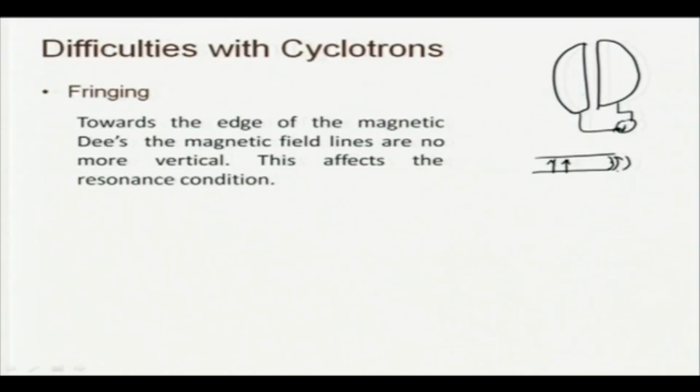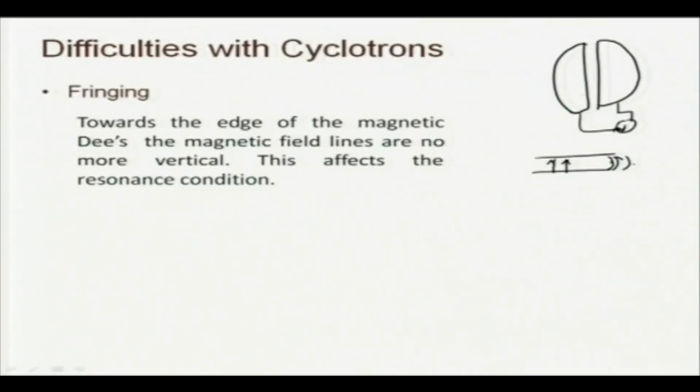That will have an effect on the resonance condition, which means the frequency of the motion of the particle and the frequency of the applied electric potential should be in sync with each other, and this will be disturbed when the particle enters a region where the magnetic field is not perpendicular, like towards the end of the D. So, this is one of the problems.